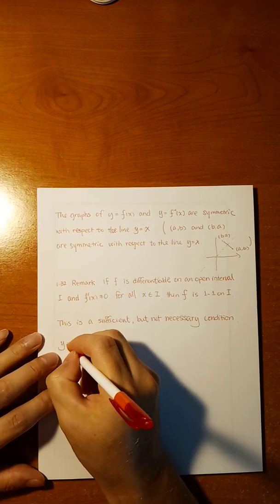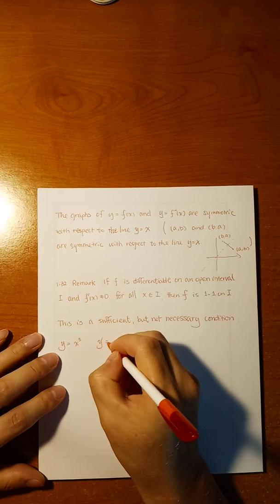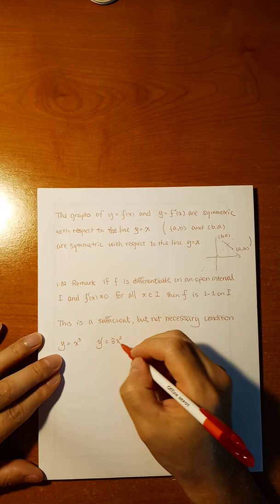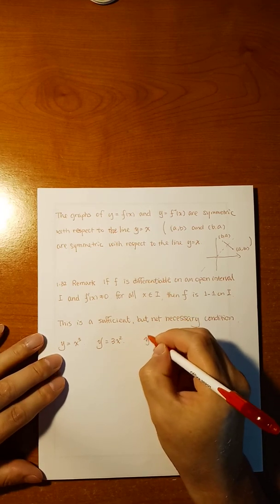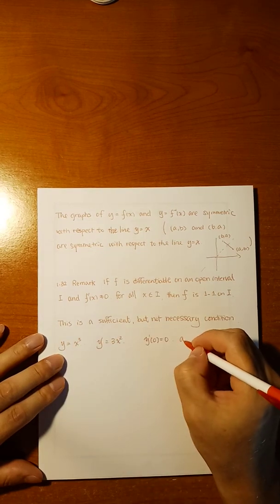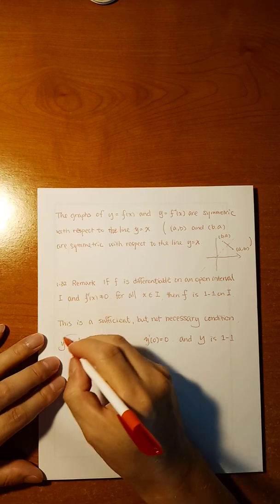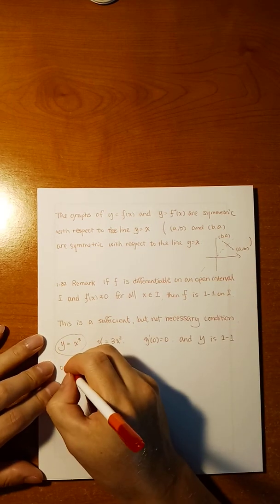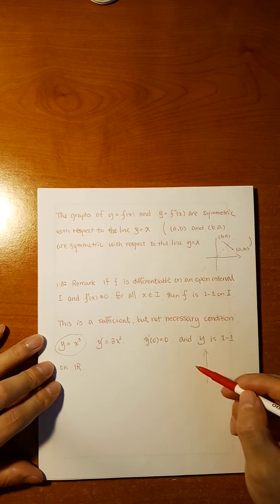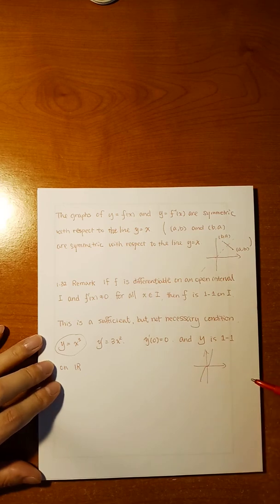If you have y equal to x cubed, then y prime is 3x squared. Then we know that y prime of 0 is equal to 0. But we also know that the function y is one-to-one on the set of all real numbers. Remember that the graph is like this for the cube function.